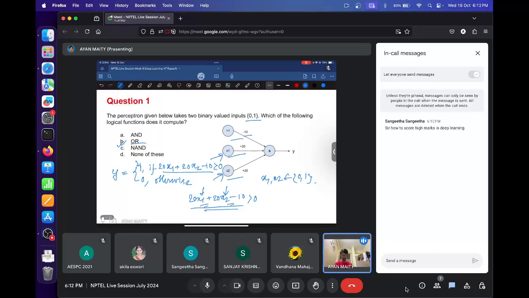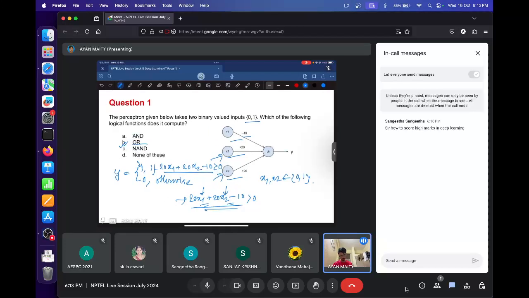This is how you compute which logical function a certain perceptron is computing. You first find the decision boundary for which the output is 1, then analyze it and try to find which logical gate is similar to that.